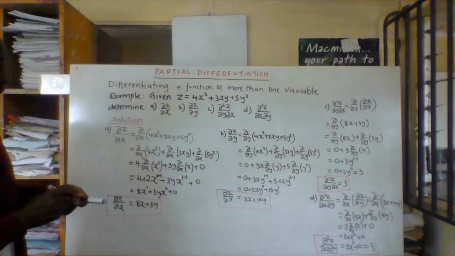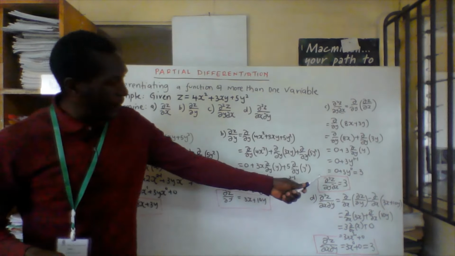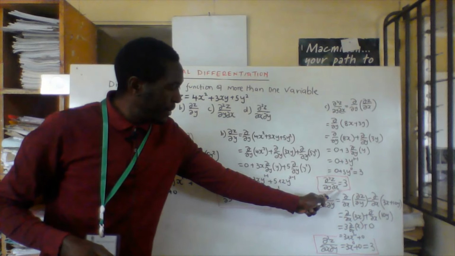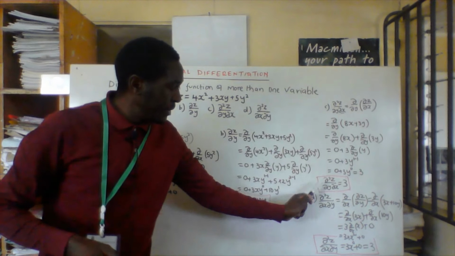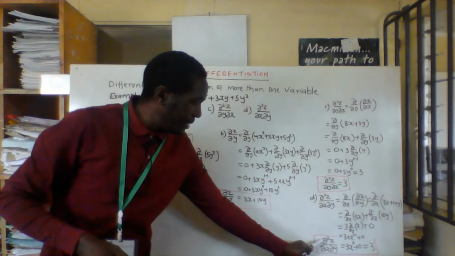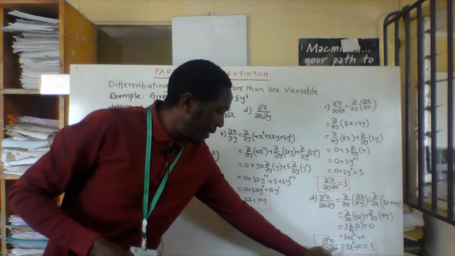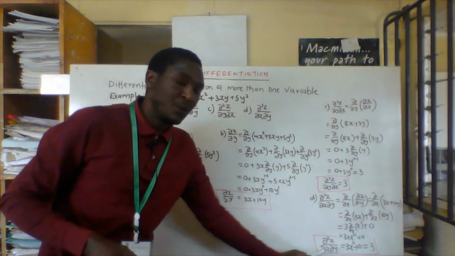There's something that we need to notice here. The second partial derivative of z, first with x, then with y, is the same as the second partial derivative of z, first with respect to y, then with respect to x.